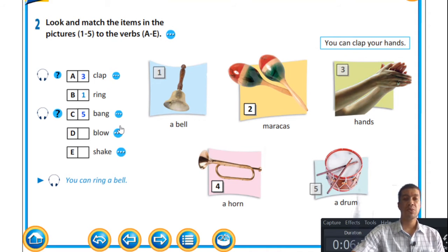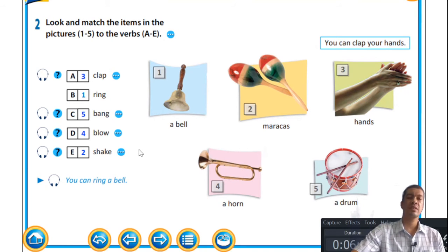We have blow. What do we blow? Can we blow the maracas? No, we cannot, and we cannot blow a drum. We cannot ever blow a horn. So the correct answer for this one is number 4. And the last one is shake. What do we shake? If you notice what I said earlier, with the sand inside of these wooden little lollipops.